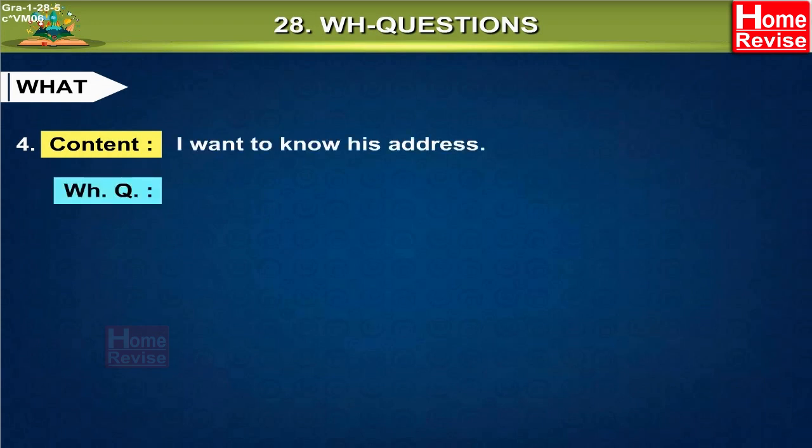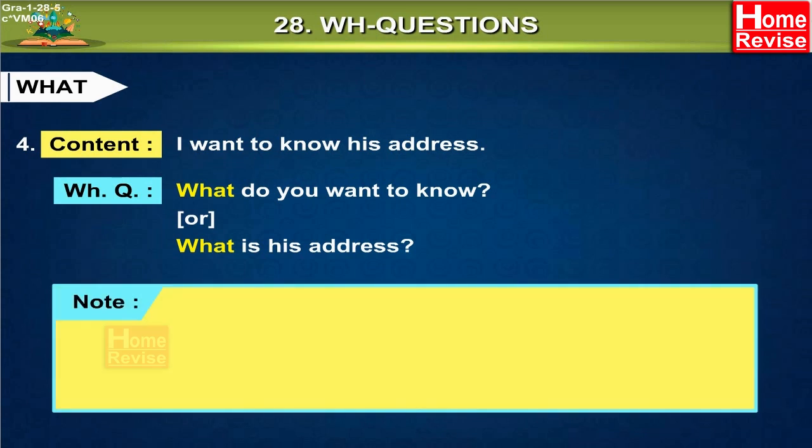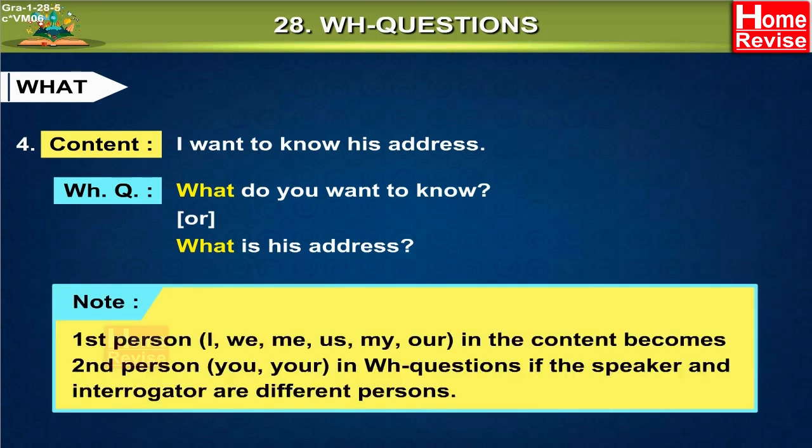4. Content: I want to know his address. WH question: What do you want to know? Or, what is his address? Note, first person: I, we, me, us, my, our in the content becomes second person you, your in WH questions if the speaker and interrogator are different persons.